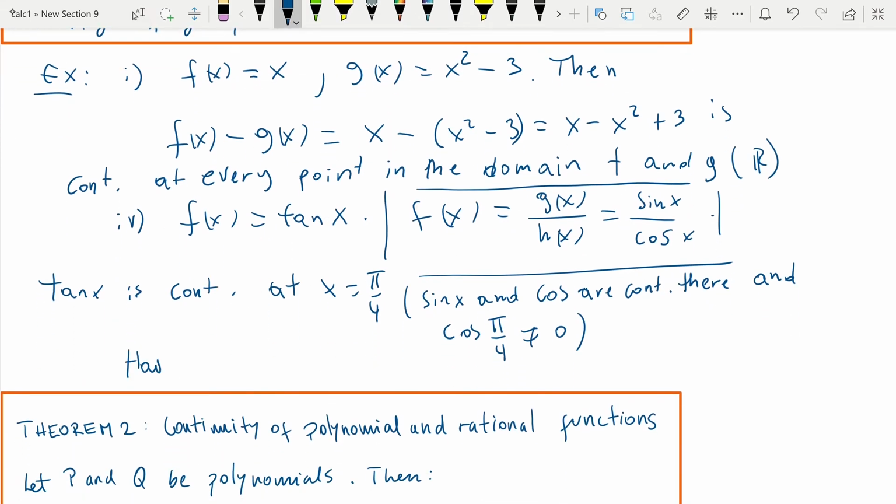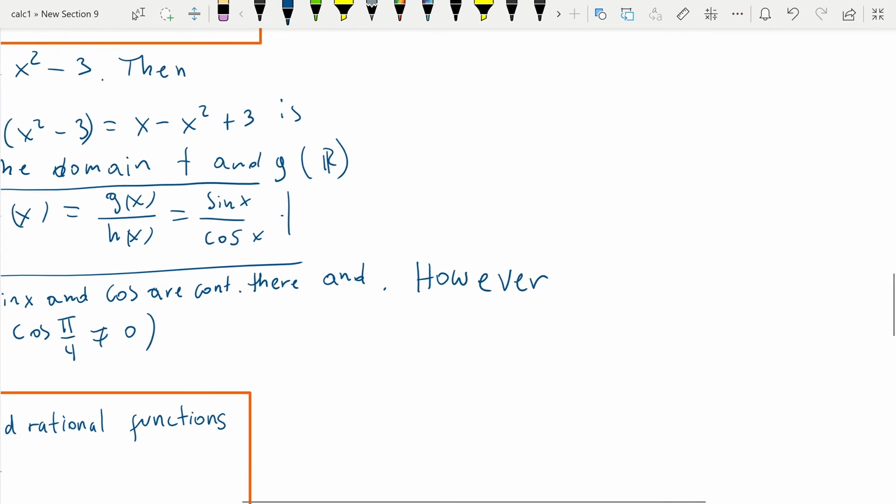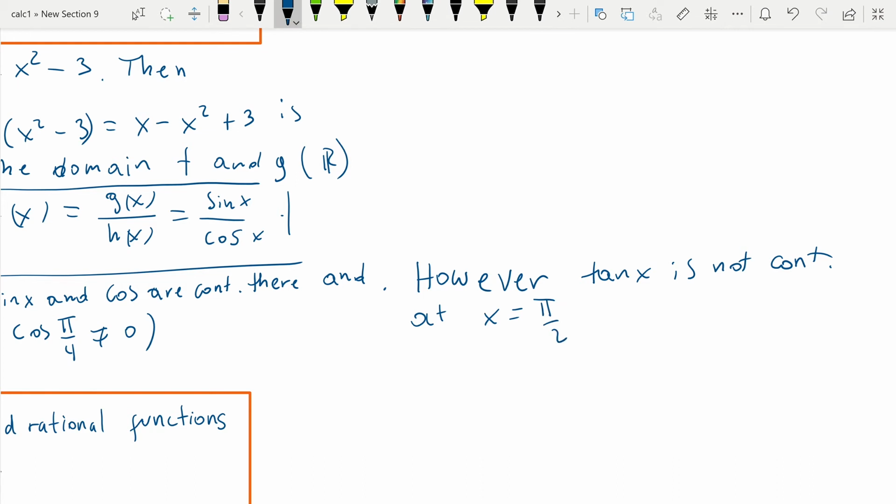However, tangent of x is not continuous at x equals pi over 2. Why?